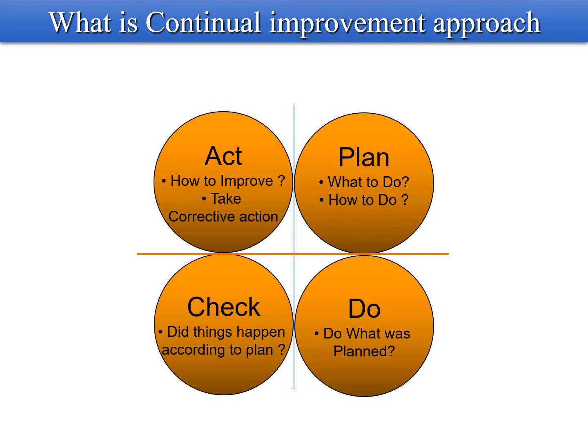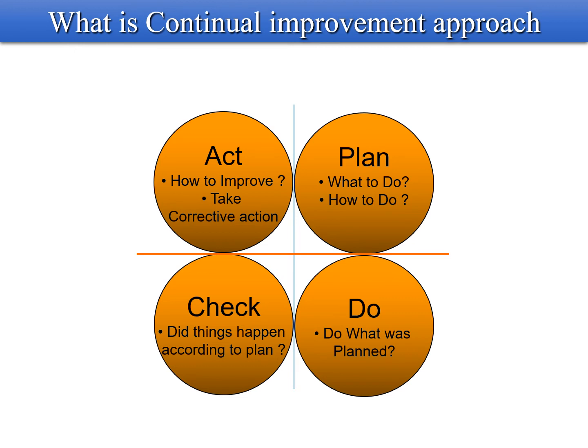PDCA stands for plan, do, check and act, which is indicating a continual improvement cycle or continual improvement approach. How? Because the moment you start planning, you are doing something, you are checking whether you are doing as per plan or whether what you are doing is giving an output which is intended, or if there is a variation, then how to control that variation.